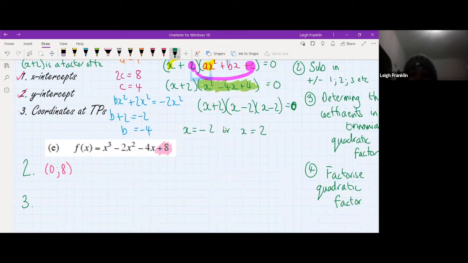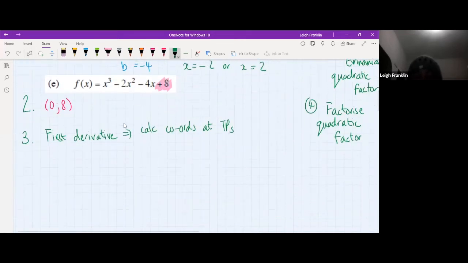Okay, first derivative, quite right. Okay, so the first derivative is what we use to calculate the coordinates at our turning points. All right, and that is because the gradient at the turning point is equal to 0, as so many of you have already said.